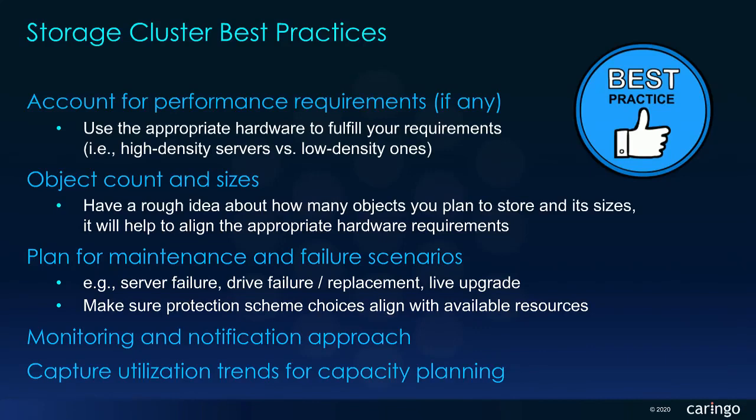The next one will be how many objects do I need to store? Am I storing like 1 billion objects in 100 terabytes, or am I storing very, very large objects, like 100 gigabyte objects, or even terabyte size objects in my object storage platform? That affects a lot the type of sizing that you have to put in place regarding the storage nodes.